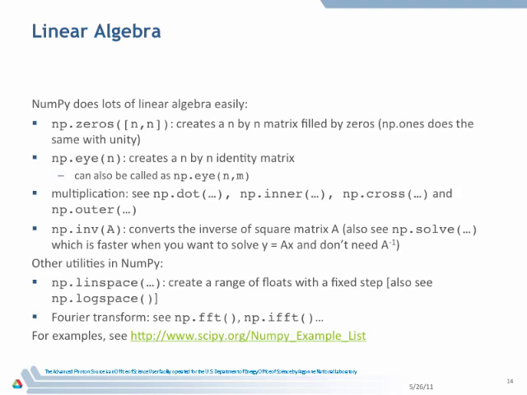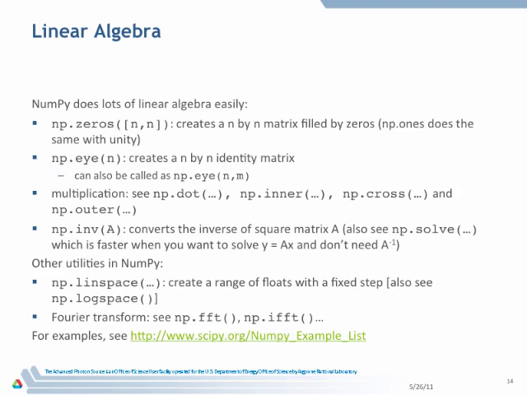More useful than either of those is to create an identity matrix where the diagonal values are 1. You're probably not going to want to do too much element by element multiplication. You're probably going to want to do dot products, inner products, cross products, those sorts of things, and they're all defined. Okay, you want an inverse, you just ask for the inverse of the matrix.